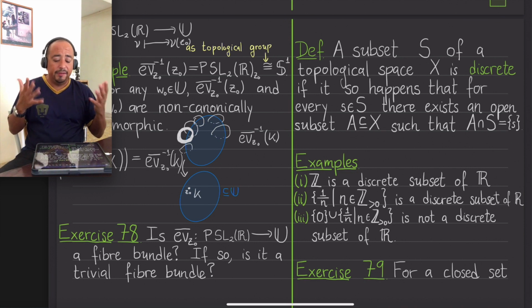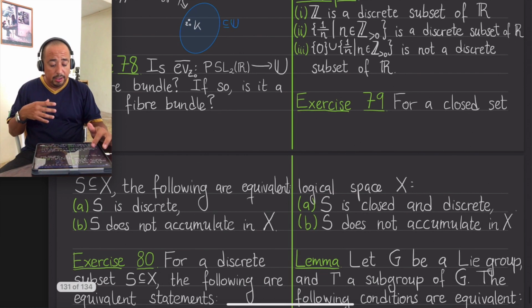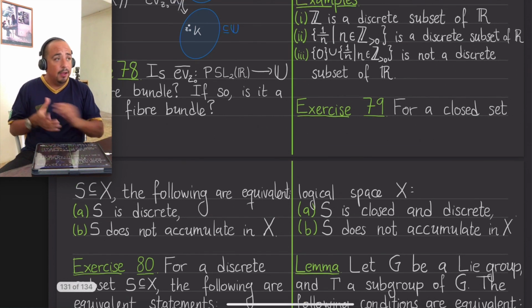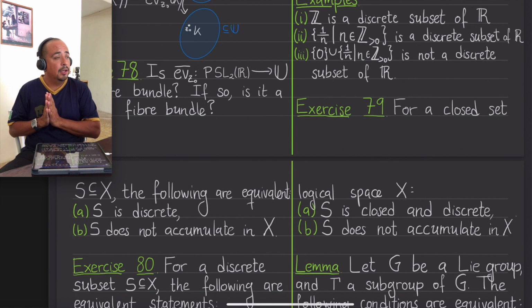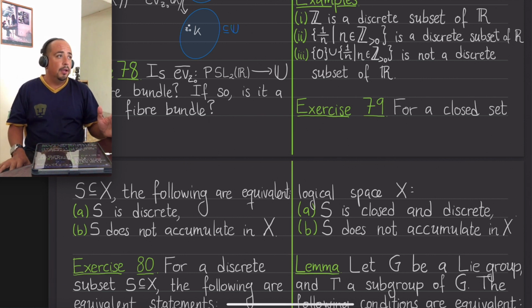It's easier to think about this notion. Actually, if you have a closed set, that is a set that contains all its possible accumulation points, it's discrete if and only if it doesn't accumulate in X.